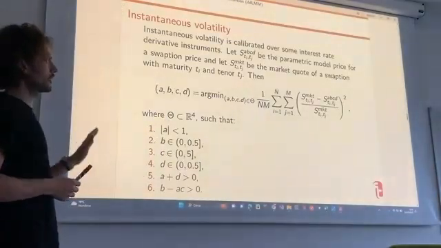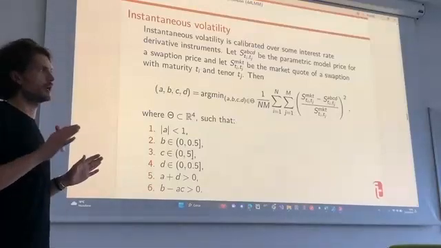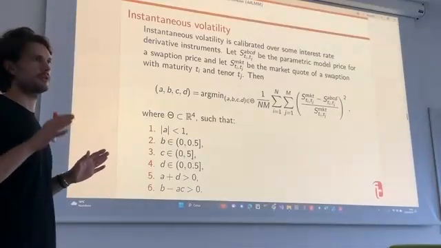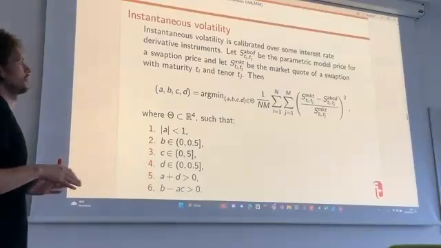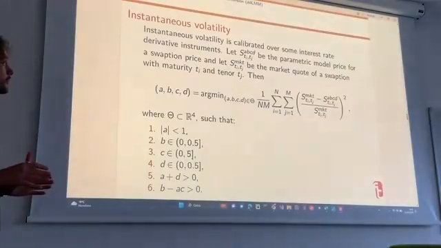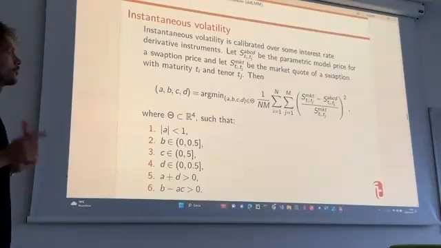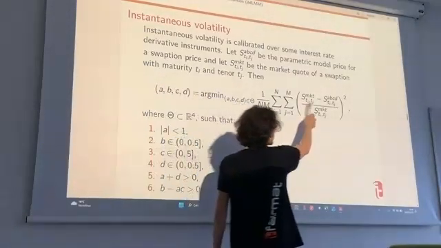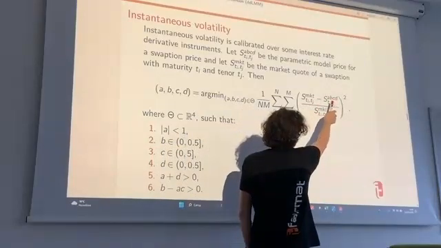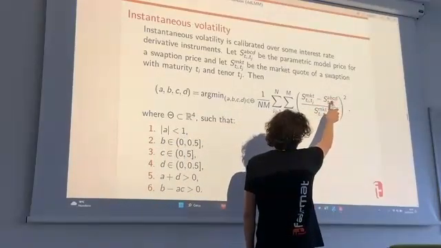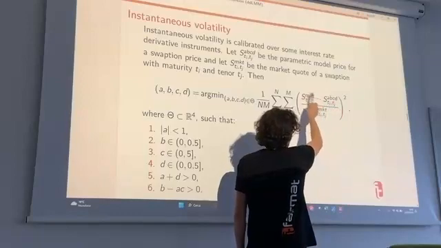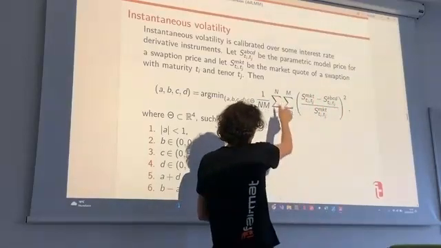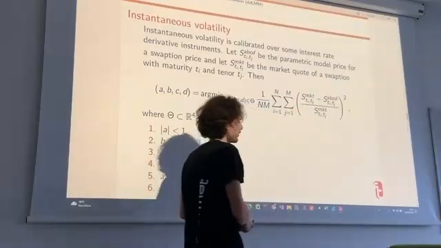We have the swaption prices, and we have a closed formula given by the model, given some approximation. What we are going to do is to minimize once again the relative distance between the model price and the price observed in the market for different maturities and for different tenors, for all the tenors and maturities you have, basically.